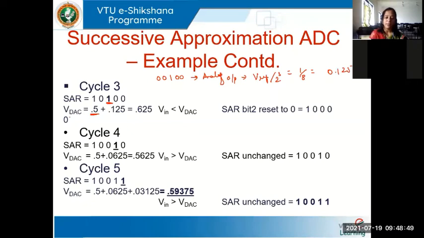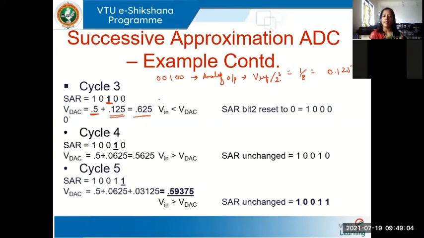So whenever the third bit is high, it is 0.125 volts. And whenever the first bit was high, it was 0.5. Since first and third bits are high, add both the voltages, we get 0.625.